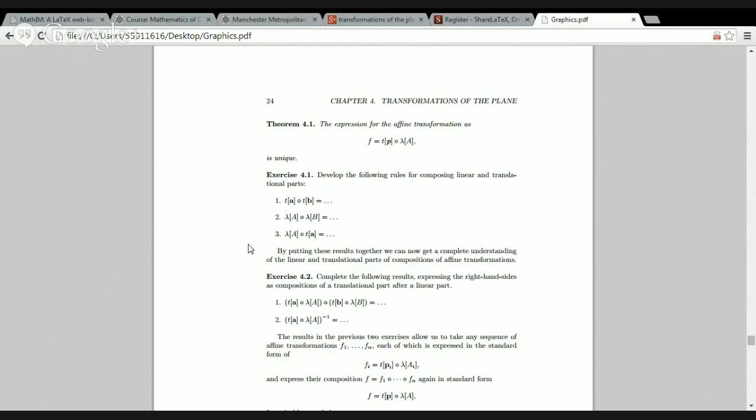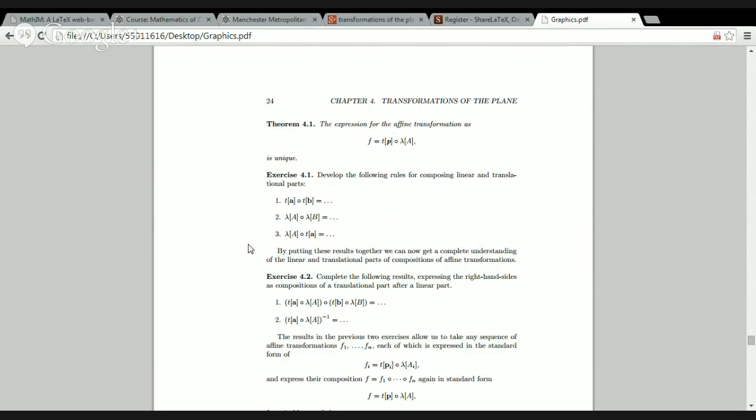And then there was this one. Remember, our standard form was to have the translation after the linear transformation. So these are our standard form expressions, with the translation applied after the linear transformation. Here is one in the wrong setup: the translation is applied first and then the linear transformation.